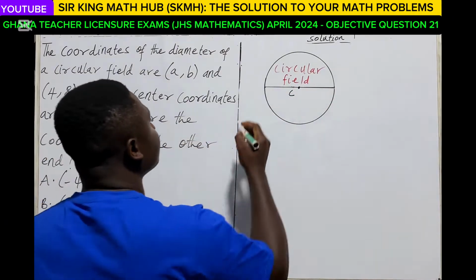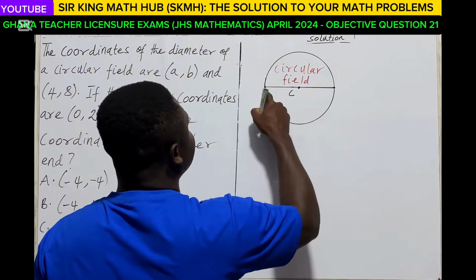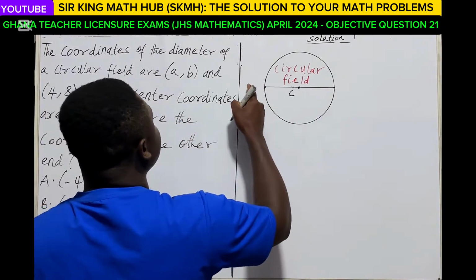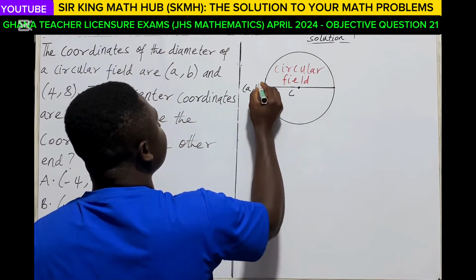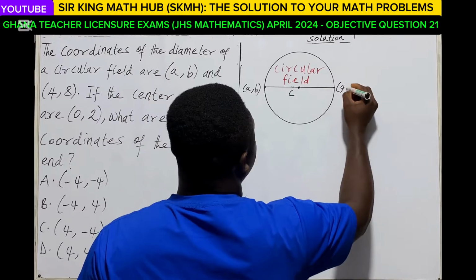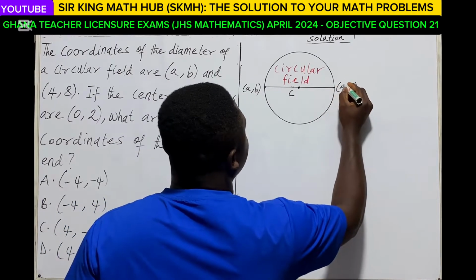The diameter has 2 ends. This is our first end and this is the second end. We are naming the first end to have coordinates AB, and the other end of the diameter with coordinates 4, 8.